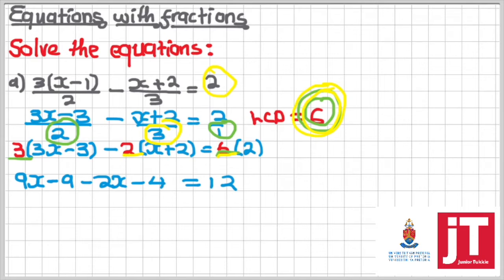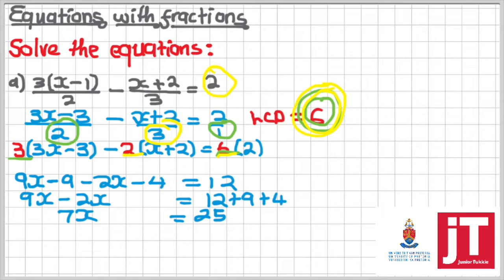Simplifying the left-hand side through grouping of like terms, you're going to have 9x minus 2x, and on the right-hand side, you get 12 plus 9 plus 4. This gives us 7x is equal to 25. Therefore, our x value is equal to 25 over 7. We move on to the second question.